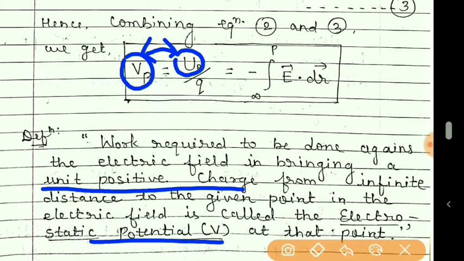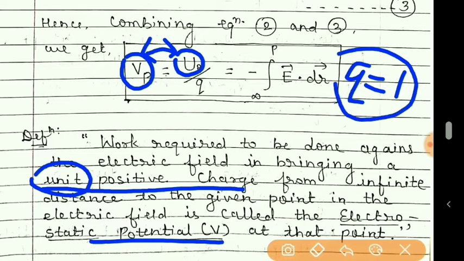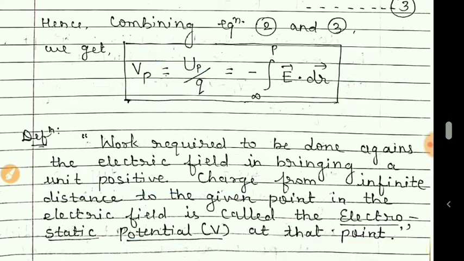In the definition of electrostatic potential energy, the word unit is not there. But here the charge Q is taken equal to 1 unit, and so in the definition of electrostatic potential the words unit positive charge are used. The rest of the thing is as it is.